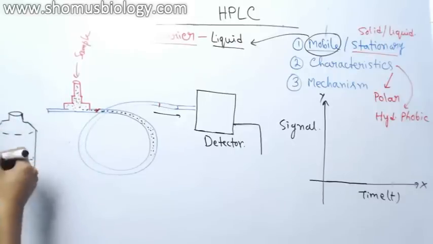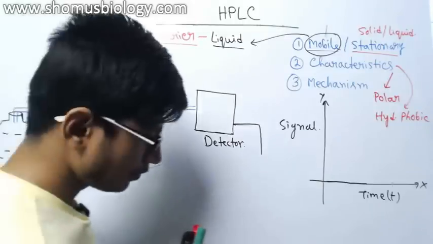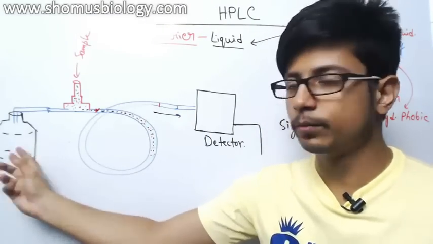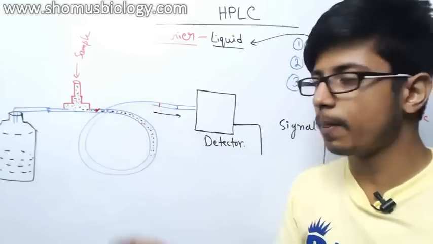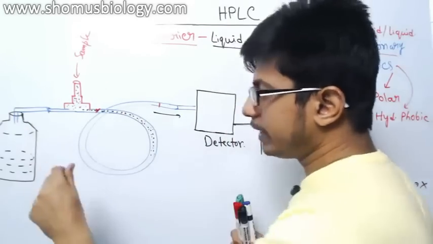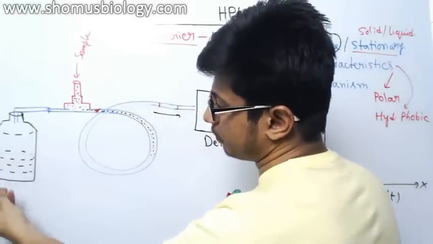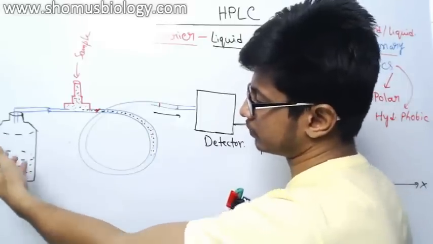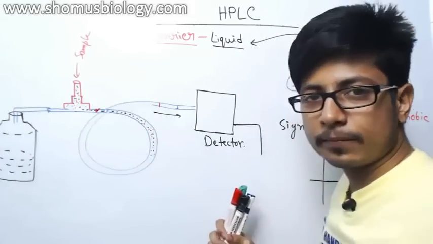This is the tube which is connected to the chamber. This is the carrier, the solvent which will ultimately carry all the sample through the tube. Whether it is an aqueous solution or an organic solvent, it cannot flow directly inside the tube.